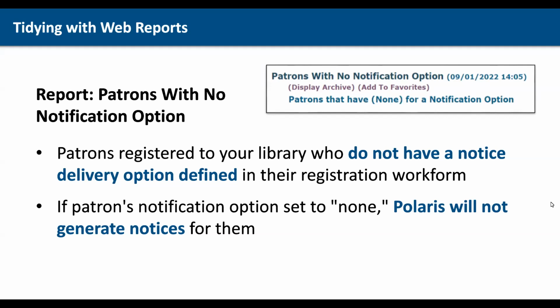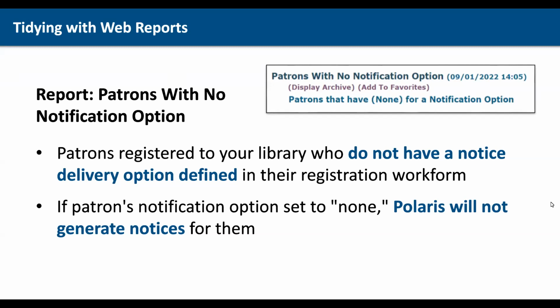In Polaris, you've probably heard before that overdue notices and bill notices rely on a sequence. The patron is not going to get a second overdue notice if their first overdue notice was never generated.